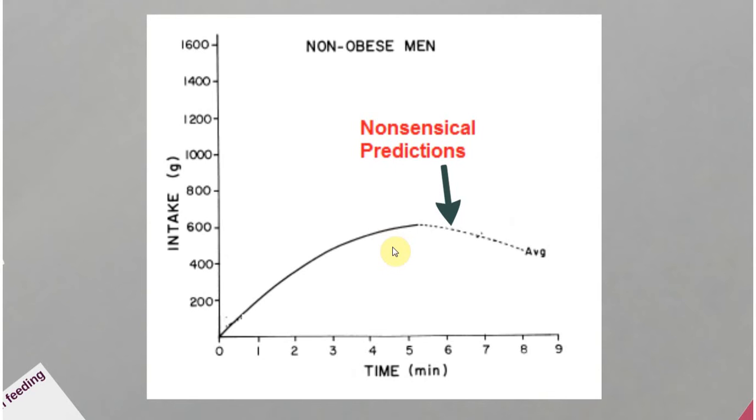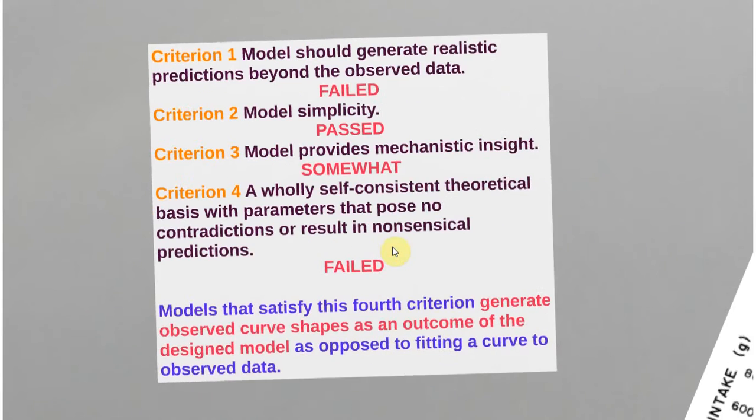And so here we get nonsensical predictions after 5 minutes because cumulative intake should never decline. You're always consuming more food in your eating duration. And so the cumulative intake should always be an increasing function. But parabolas are not increasing forever. And so eventually you will get nonsensical predictions. So that also is a not good result of using a parabola.